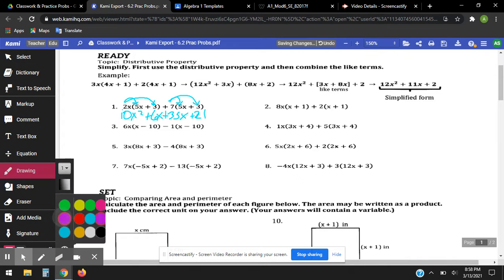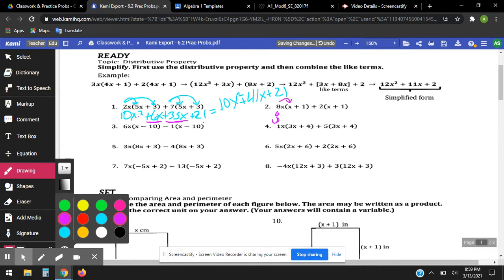And so what we can combine in here is we have 6x and 35x. Can't do anything with the squared, can't do anything with the number by itself. So we can just combine those two, which gives us an answer of 10x squared plus 6 plus 35 is 41x plus 21.